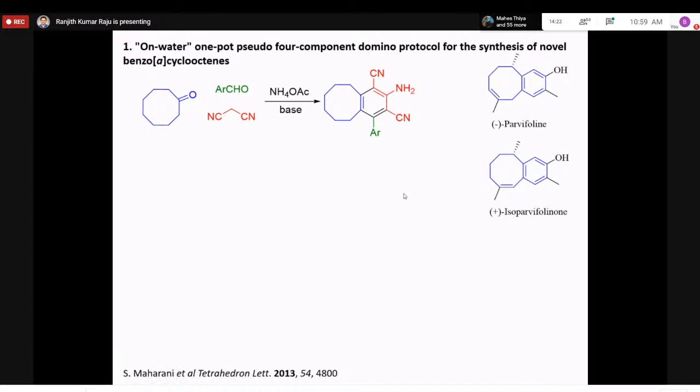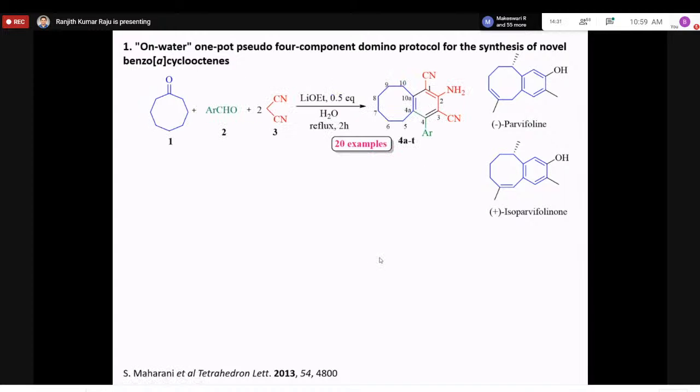So we explored to synthesize several compounds of this, and we optimized the reaction condition, and it involved 2 moles of the malononitrile. So it's a kind of pseudo 4-component domino process, and this reaction was done as an on-water reaction, and we got very good yields of the product, the analogues of the natural parvifoline and isoparvifoline.